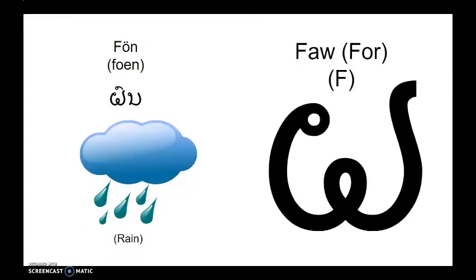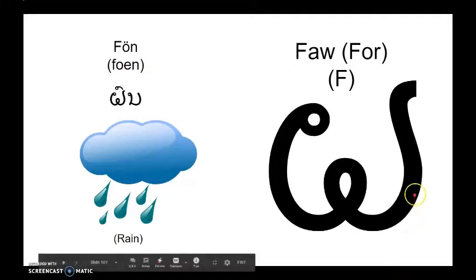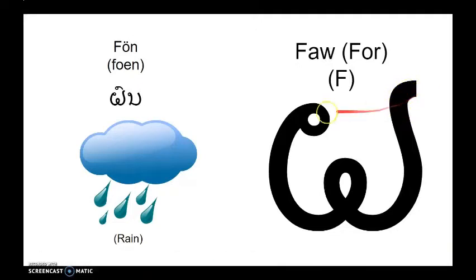The next letter that we're going to learn is faw. If you notice, these two letters look like the English alphabet letter W. They resemble the W with a few nuances, a few differences. This letter is faw, and it has a tail here. Some of our letters are written with a tail and a loop, and some don't have this tail.